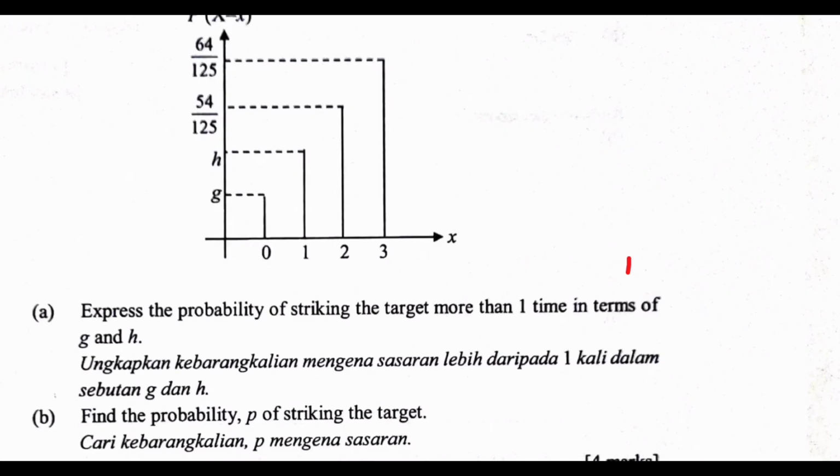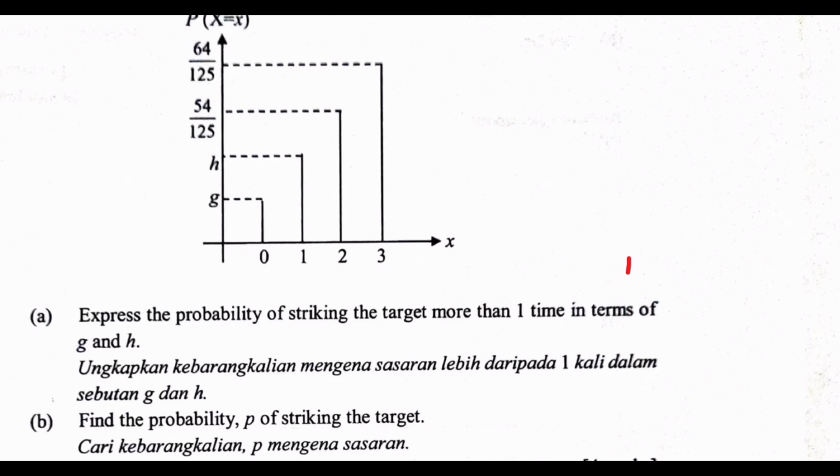The question doesn't want you to give the value of the probability. Maybe you will write the answer 54/125 plus 64/125, but that is not what the question is asking. They don't want the value. You need to give the answer in terms of G and H, not in terms of a fraction or a value.